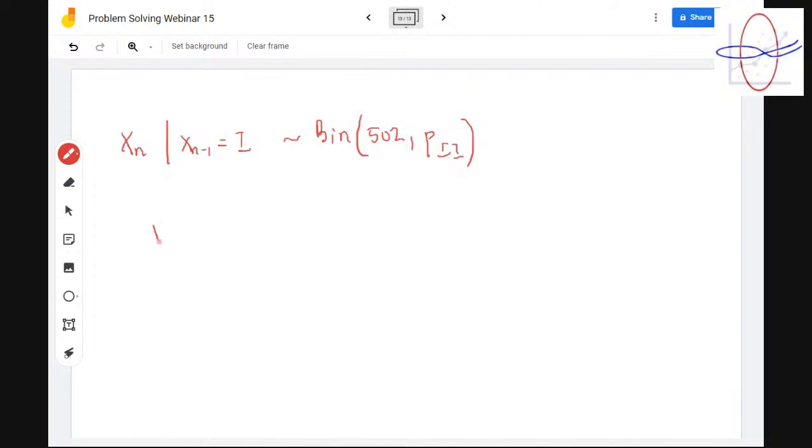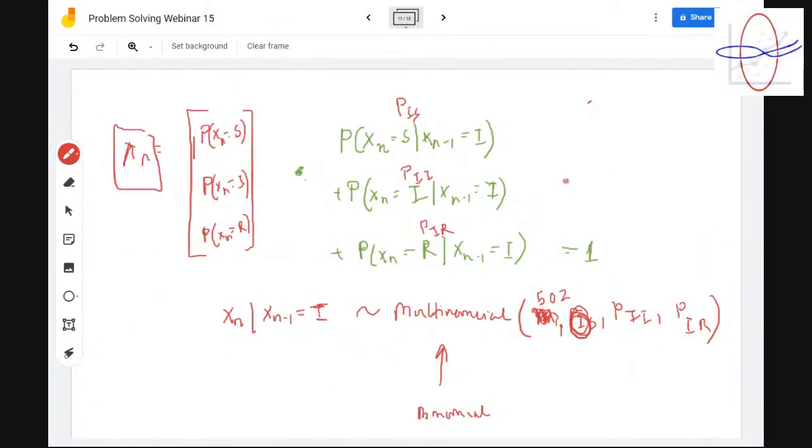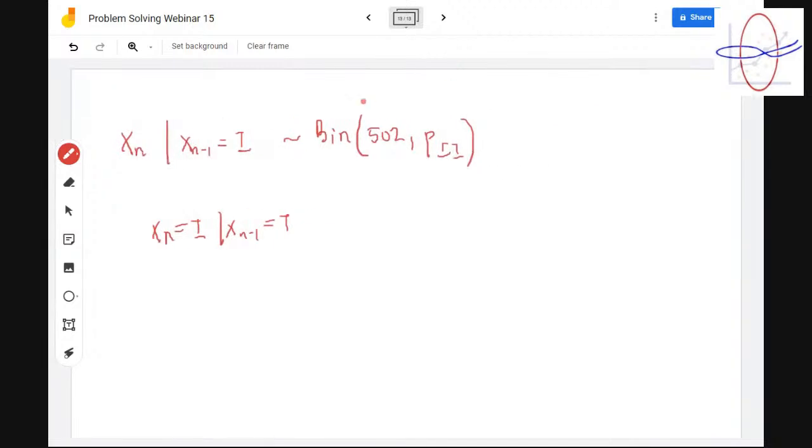That means Xn is equal to I given Xn minus 1, which we have shown is PII, and the rest is 1 minus PII, because the sum is 1. So Xn given Xn minus 1 follows binomial 502, PII.